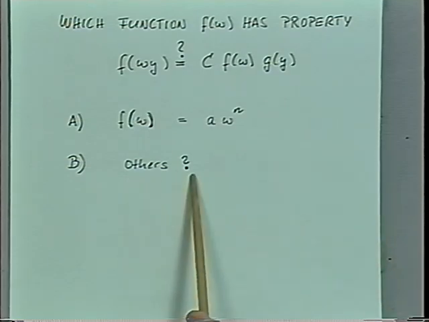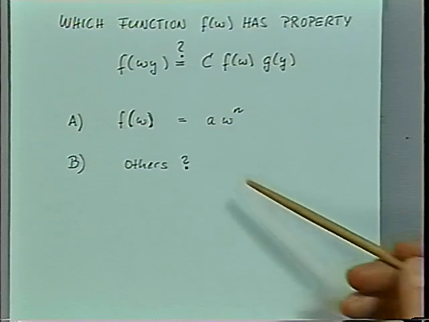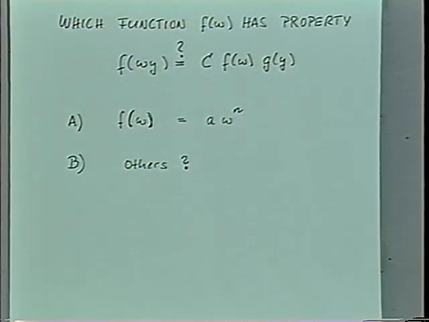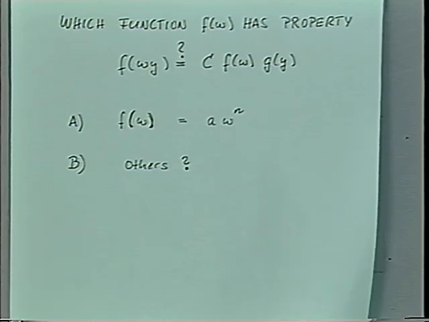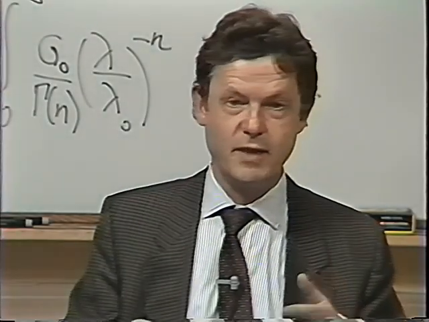But I'm sure you will be able to find another function, f of omega, which also satisfies this constraint and will give us tan delta being constant. So I would be careful. If we just have data giving us constant tan delta, even in the terminal zone, it doesn't necessarily tell us that we have a power law in G prime, G double prime. But so far, with all our experiments, that's what we got. They always find this power law.